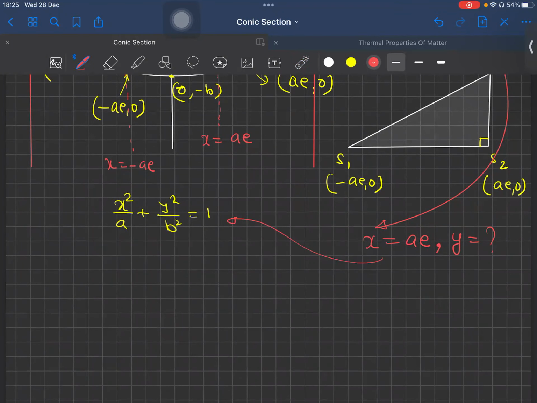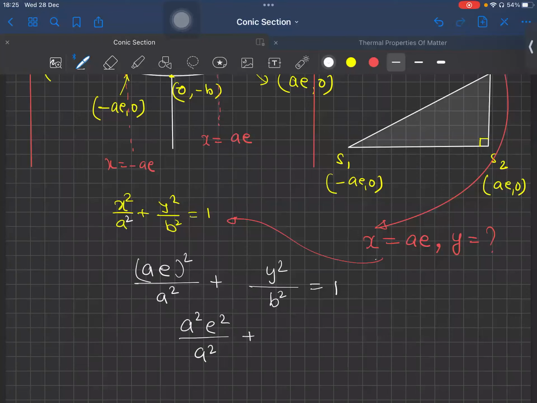So let's substitute it. So x is ae, so a square e square upon a square plus y square upon b square is equal to 1. We need to find the value of y. So a square e square upon a square plus y square upon b square minus 1 equals 0. A square will cancel.